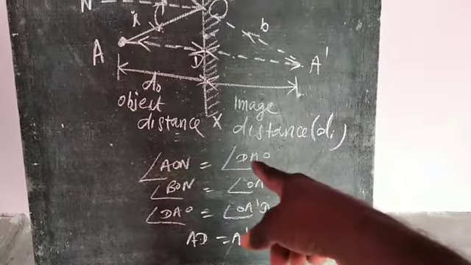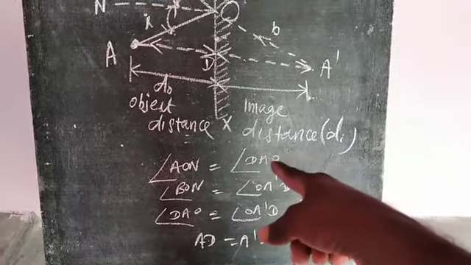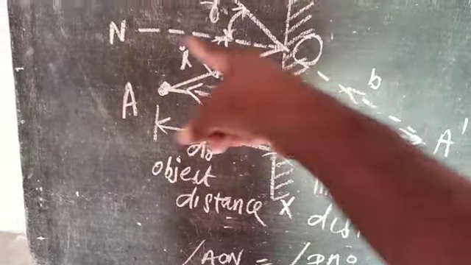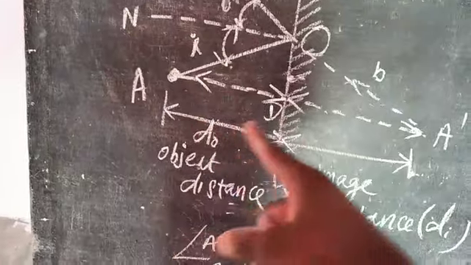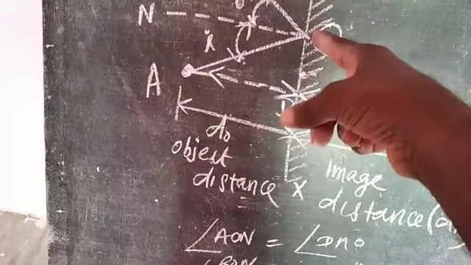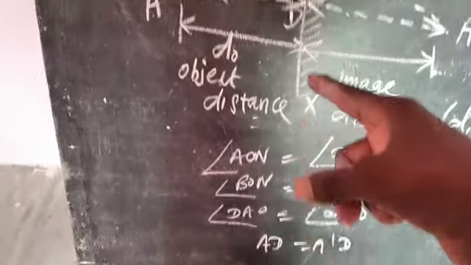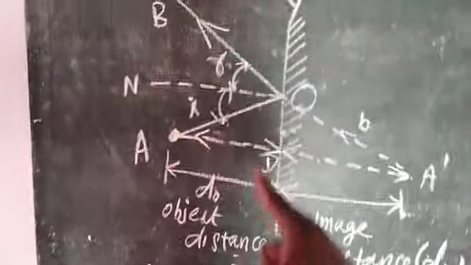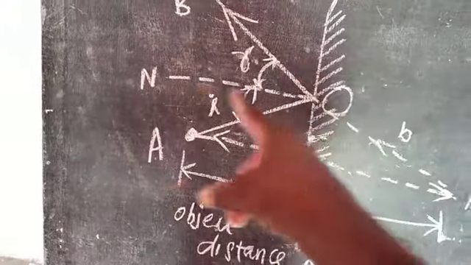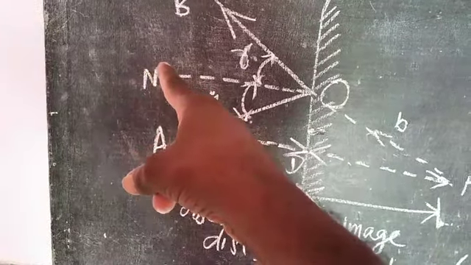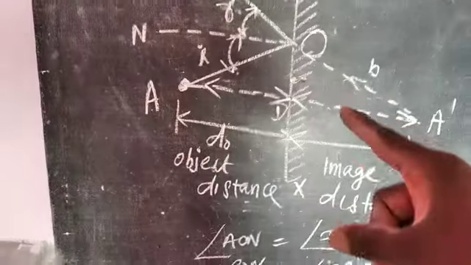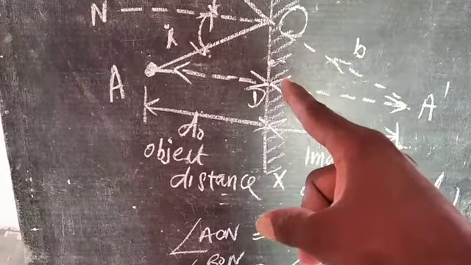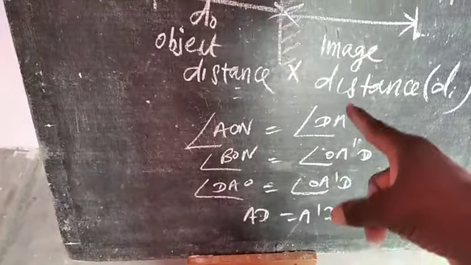First equation, angle AON equal to angle DAO. Then second equation, angle BON equal to angle OA prime D. Angle BON, the angle of reflection, is equal to angle OA prime D. So here both are equal.